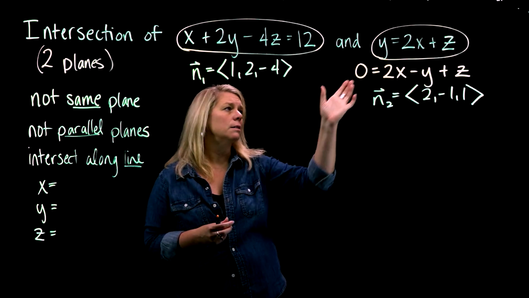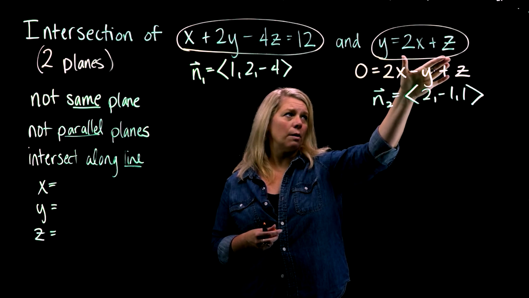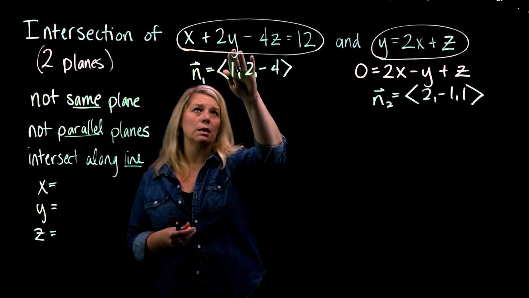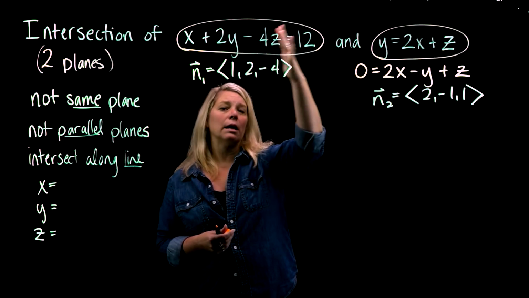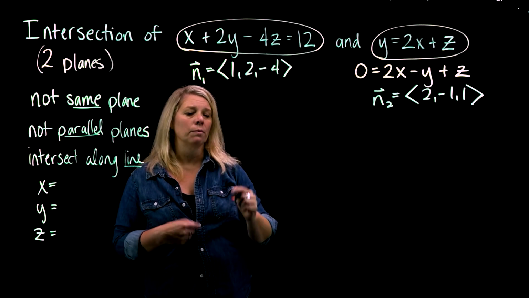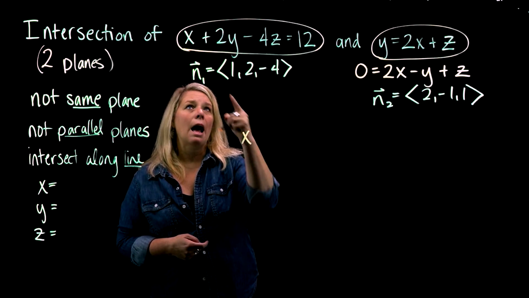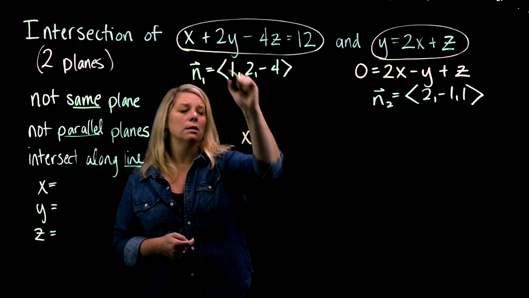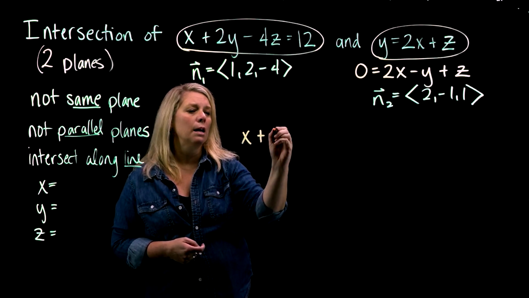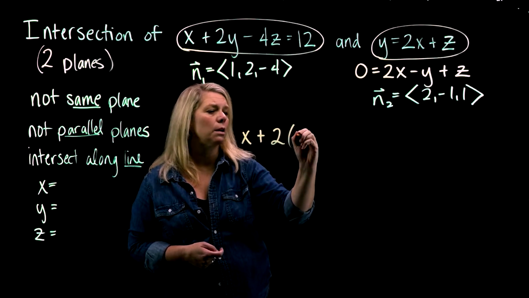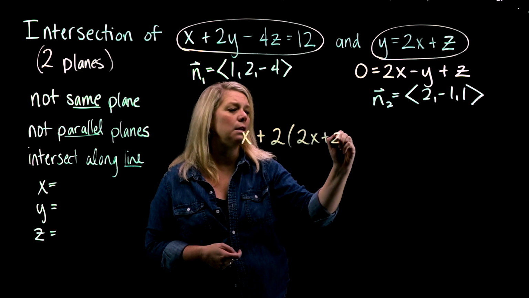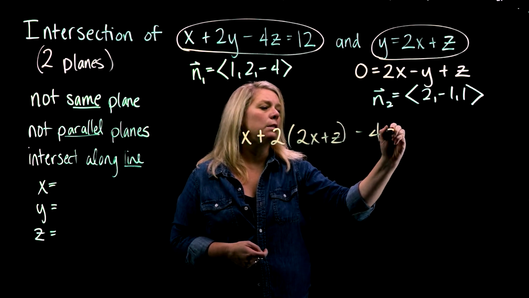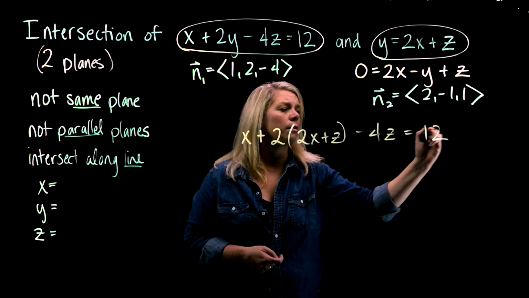And so if I substitute that 2x plus z into the first equation in place of y, I'm working towards solving this system. So I'll have x plus 2 times the quantity 2x plus z, minus 4z equals 12.